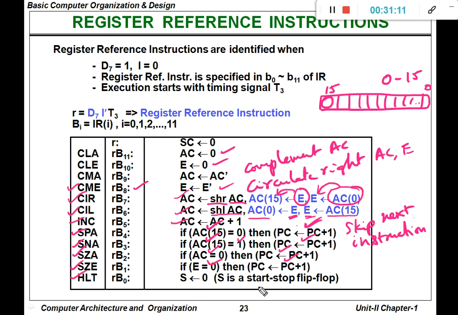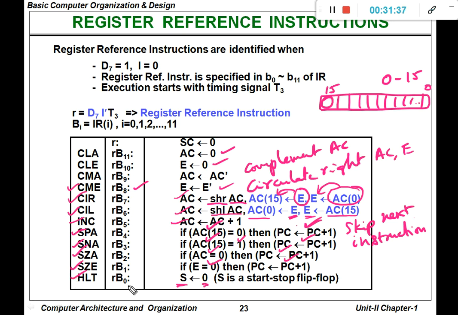The last instruction is halt. Halt is actually represented with a start stop flip flop. This start stop flip flop is assigned to 0. Whenever this halt instruction is executed, we are going to stop the operation of the computer system. To start the operation again, we need to restart the computer.